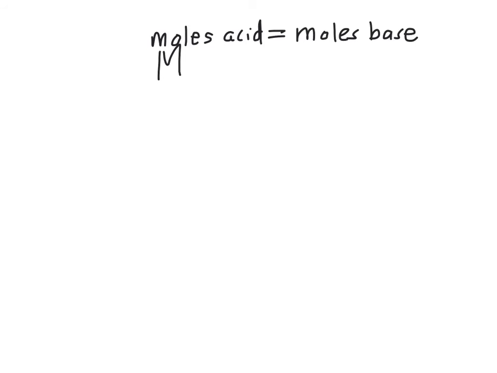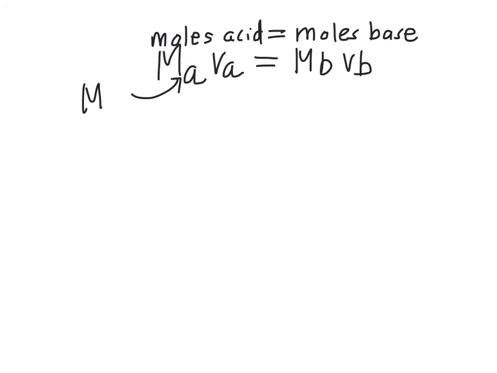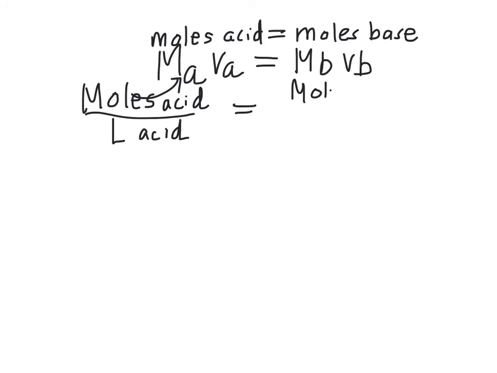So MA times VA equals MB times VB. MA is molarity, so we know that's actually moles of acid per liter of acid equal moles of the base divided by the liters of the base used.